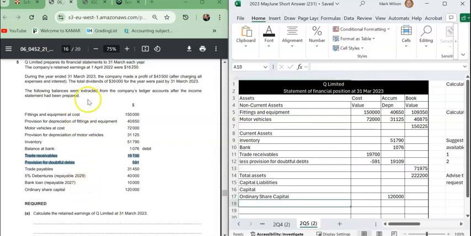And our retained earnings, we might have to have a look and see what we've got on this one here. So, we've got to find the company profit at the start. So we've got a balance at the start. We'll type retained earnings in.